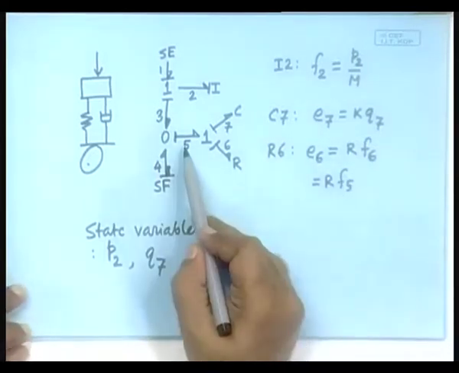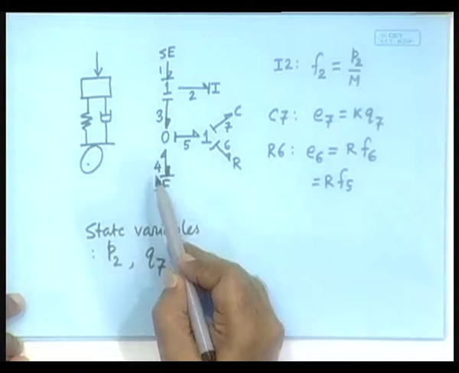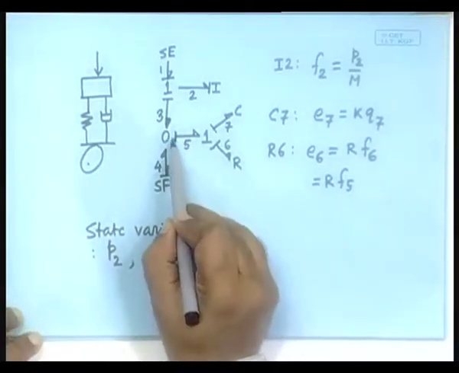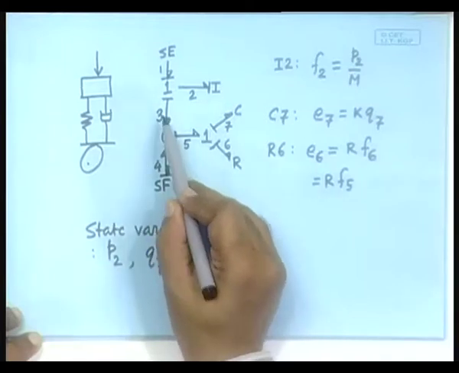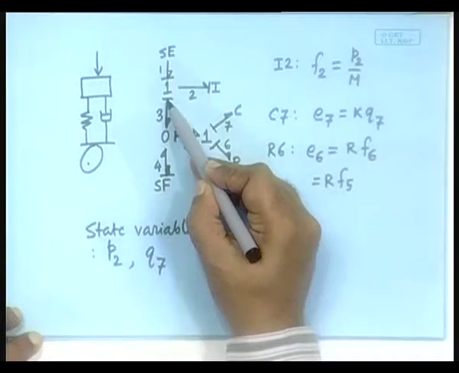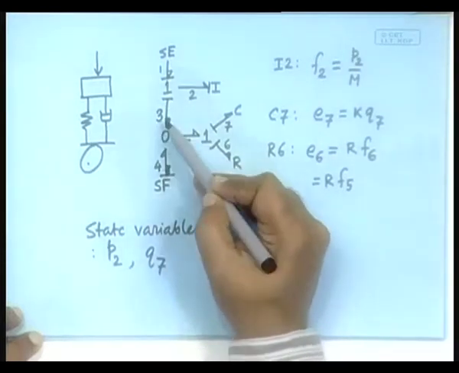F5 is not a state variable. Where does this information come from? It comes from 3 and 4. And notice now we have to worry about the power direction, because the power direction shows that F5 is F3 plus F4. Had the power direction been opposite here, which we could have done, then it would be 4 minus 3.